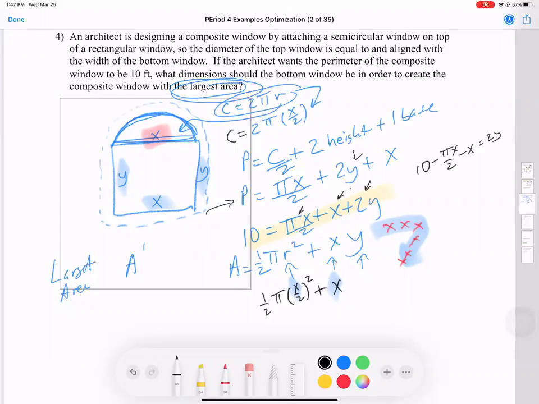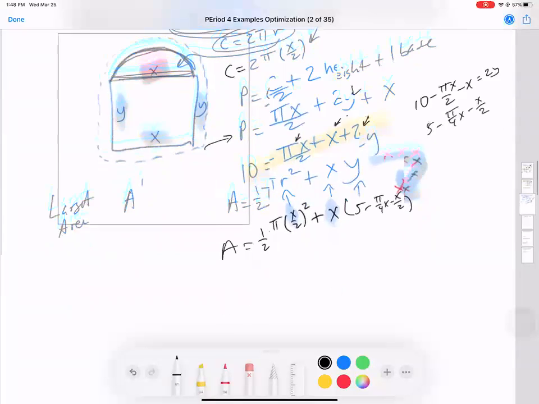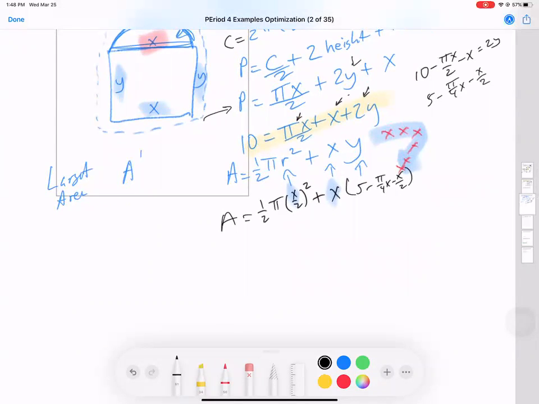We divide everyone by 2 now, and that'll be 5 minus pi over 4x minus x over 2. And that looks pretty ugly. But our next step is to just take what? To optimize it, take the derivative, right?